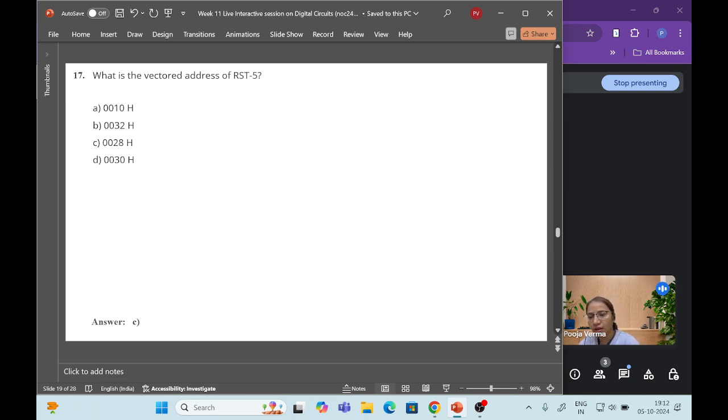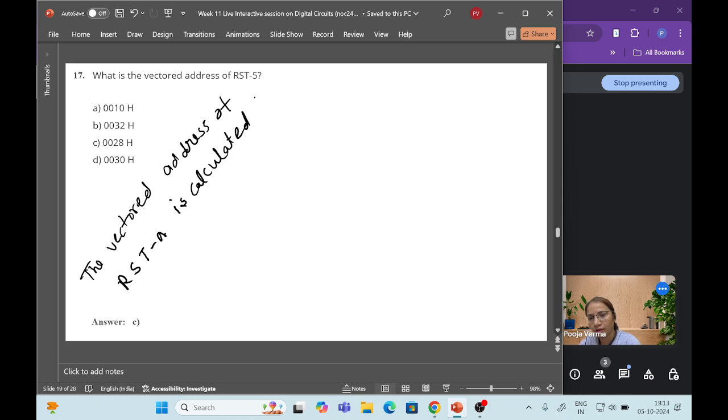The vector address of RST n is calculated by n into 8, right?